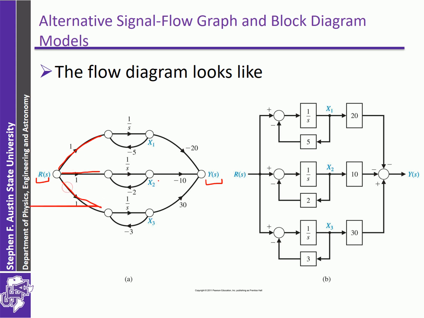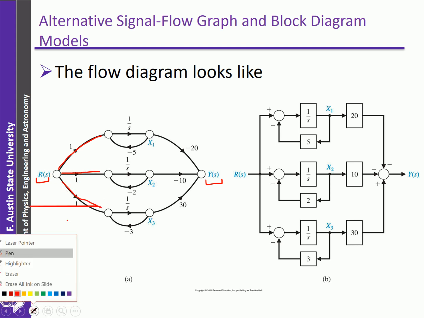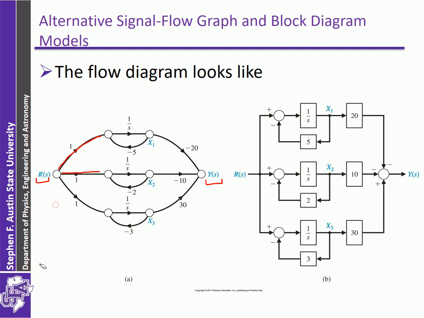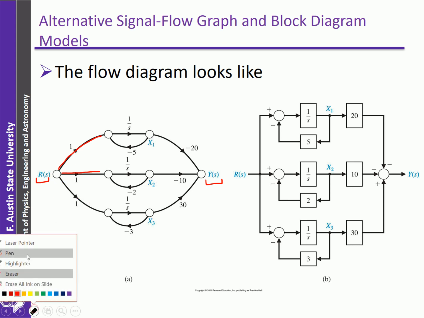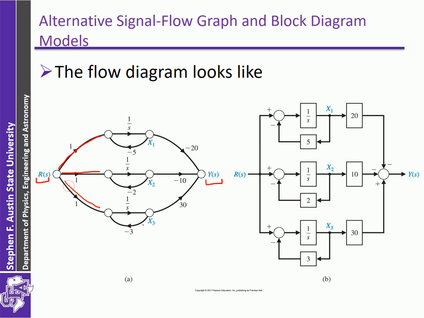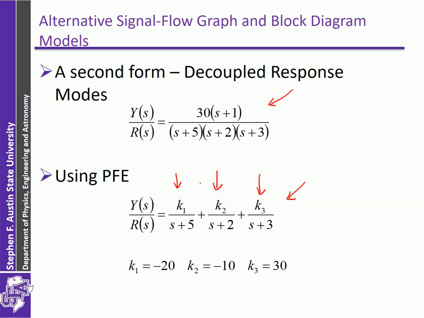Then we're going to have our state variables in the middle, that we have x1, x2, and x3, and finally we have our output y of s.